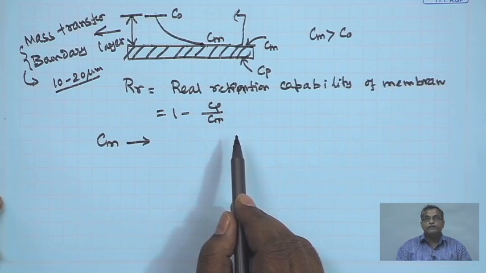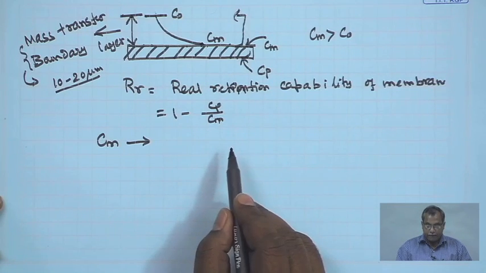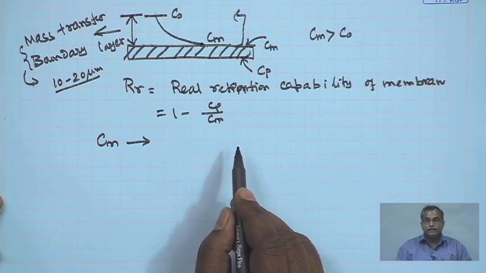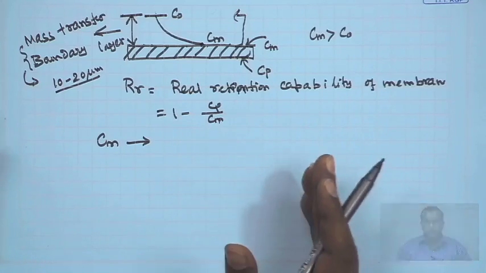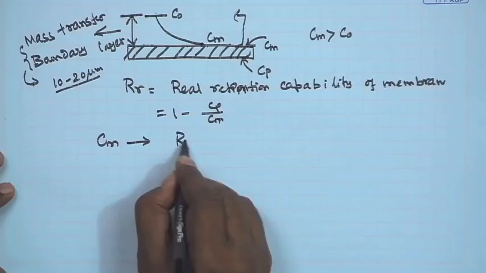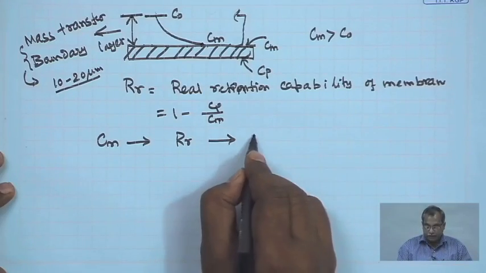Measuring the solute concentration on the membrane surface is very challenging, and it creates a difficulty in measuring it directly. So, direct measurement of real retention is very difficult, and not possible.